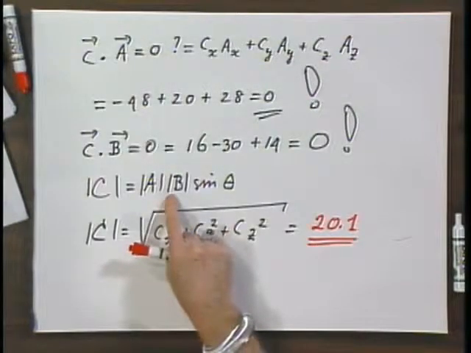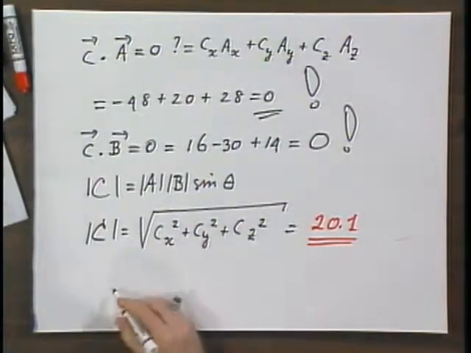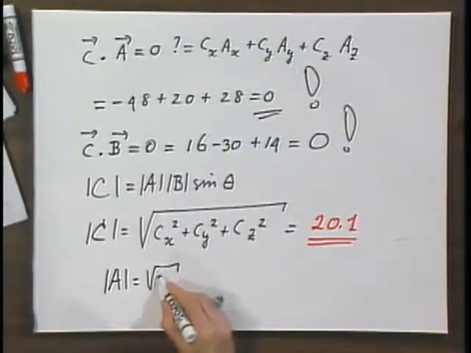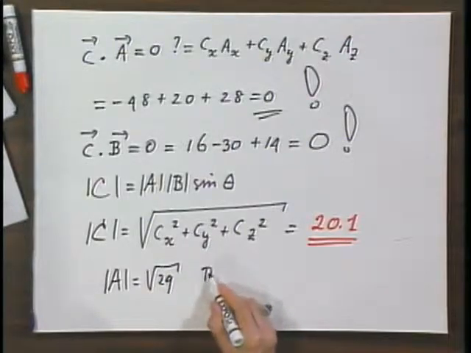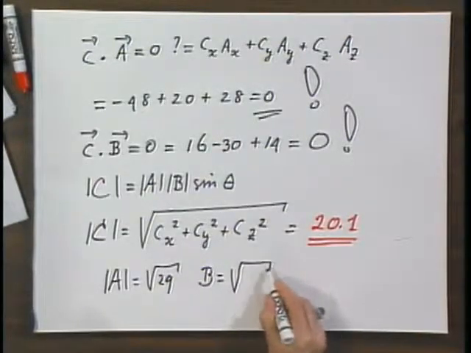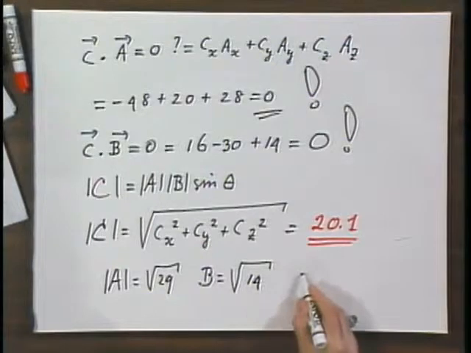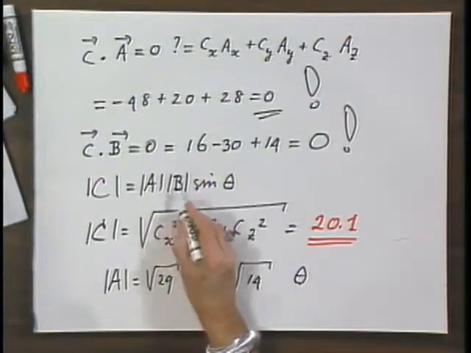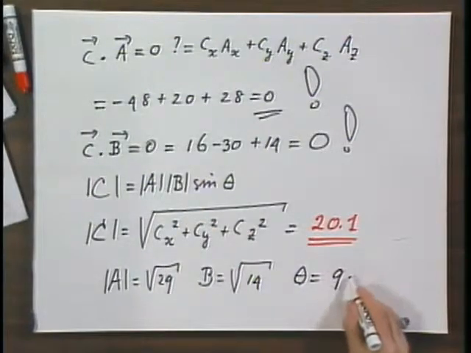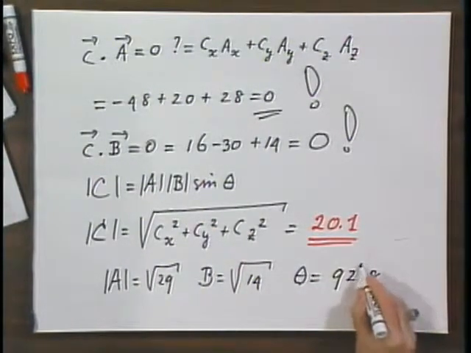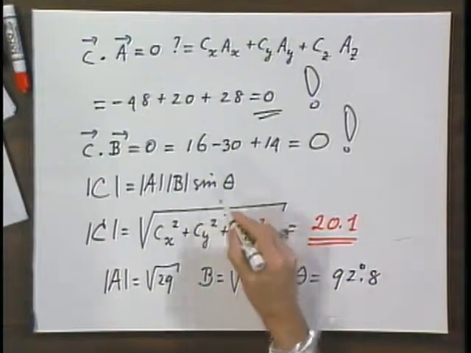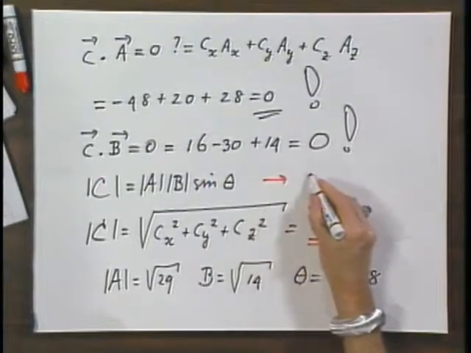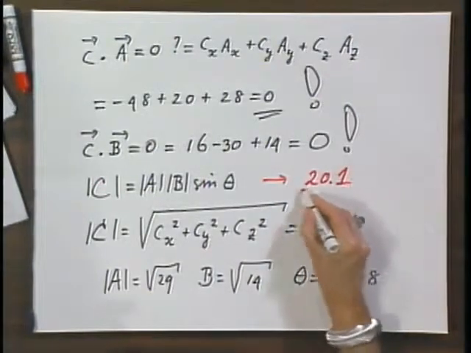What is this? Well, A, you remember, was the square root of 29. B is the square root of 14. And theta, as we calculated earlier for the combination AB, was 92.8 degrees. If I substitute that in here, what do I find? 20.1.